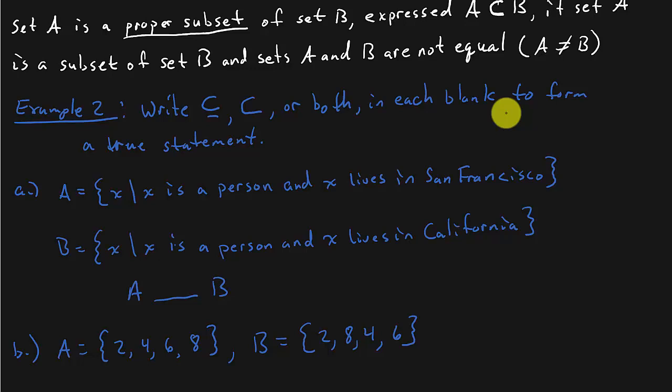For part A, we've got A is the set of all x such that x is a person and x lives in San Francisco. And set B is the set of all x such that x is a person and x lives in California.